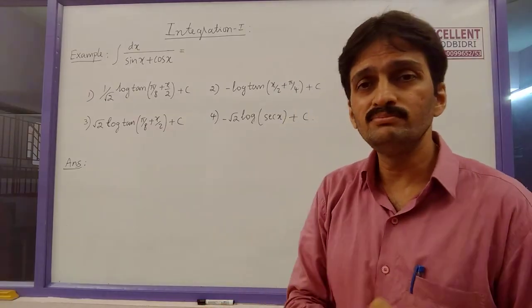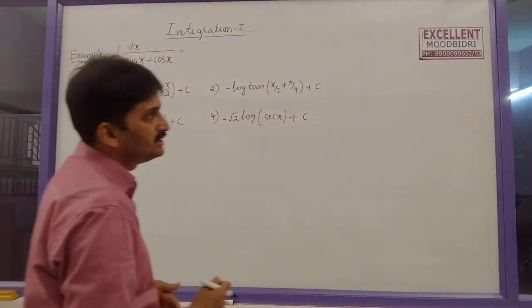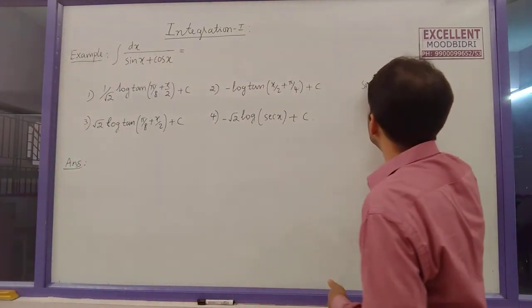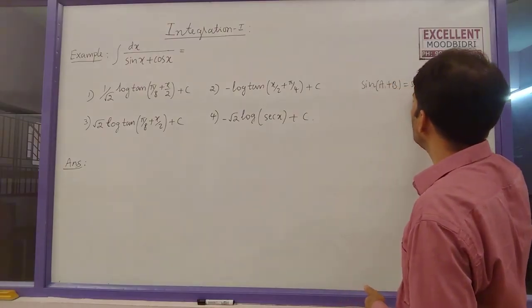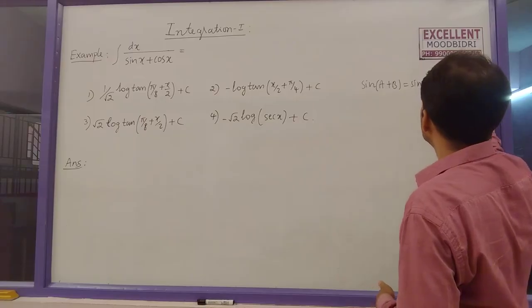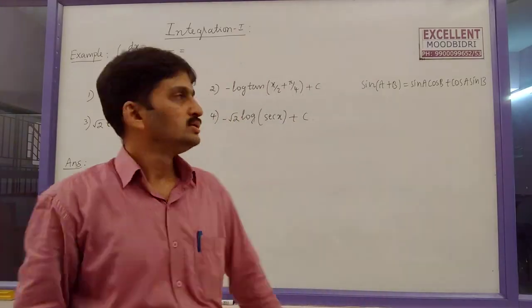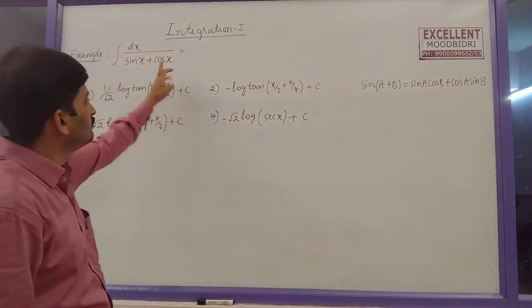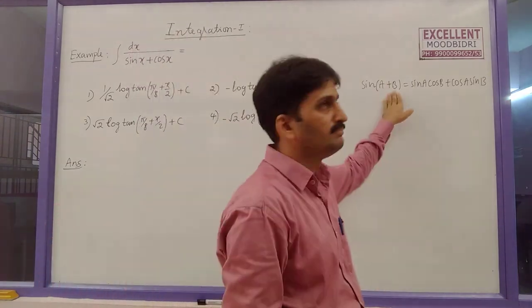So this problem should be done in a different manner. Now here I am going to use this formula: sin of a plus b equal to sin a cos b plus cos a sin b. So I want to convert the denominator from sin x plus cos x into sin of something.